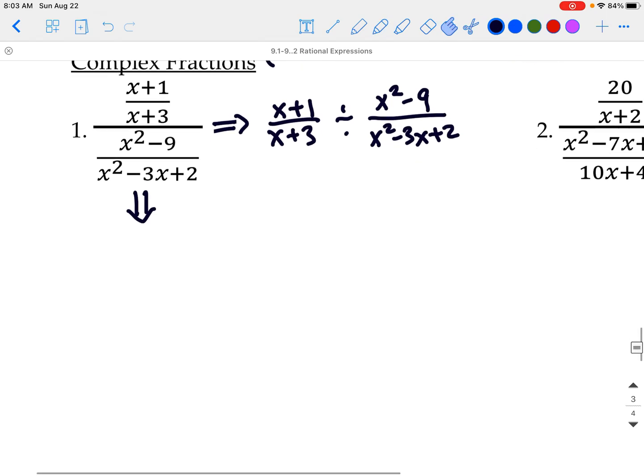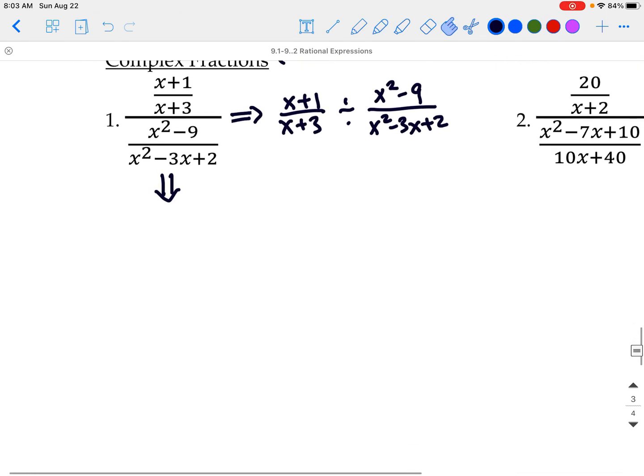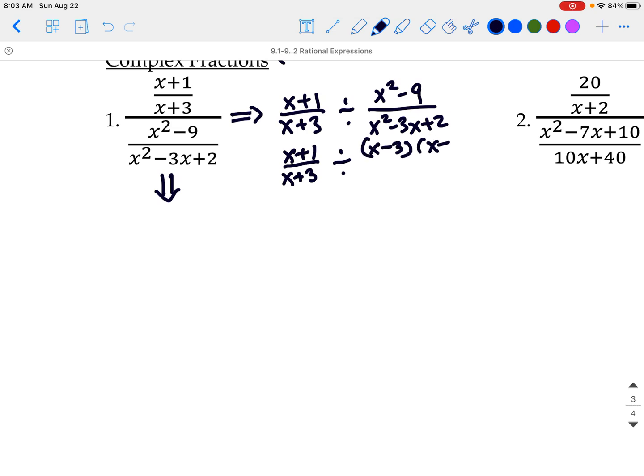So the one thing that does not change is finding our undefined values. So what we'll note is we can factor our divisor here. So we've got x minus 3 times x plus 3 in the numerator, all over x minus 2 times x minus 1.